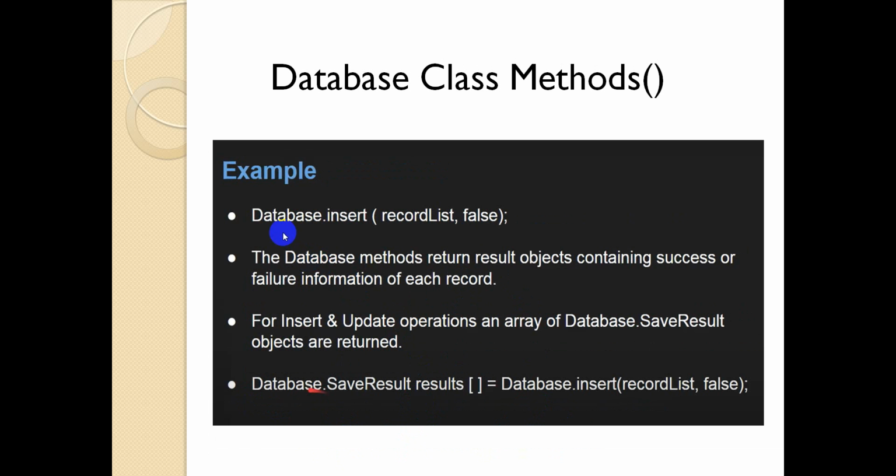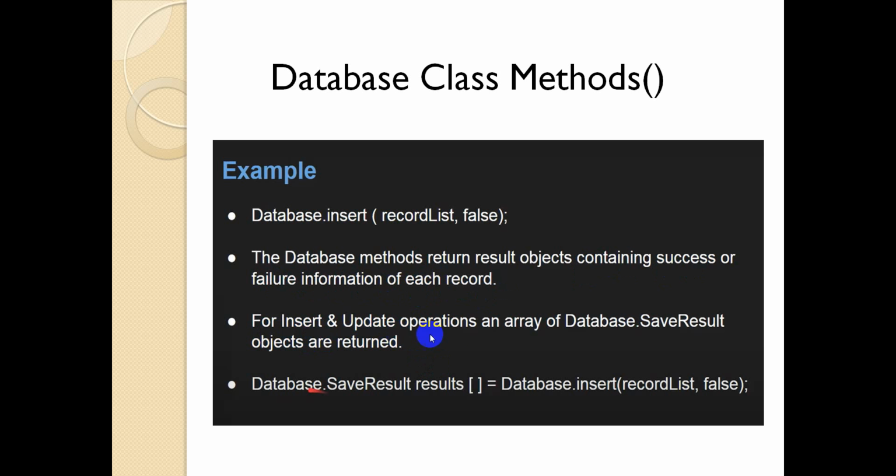Example of that: this is our database class method and record list. This is the allOrNone parameter, so it should be set to false. If there is any error in some records, the rest will still be partially saved to the database. The database method returns a result object containing success or failure information of each record.